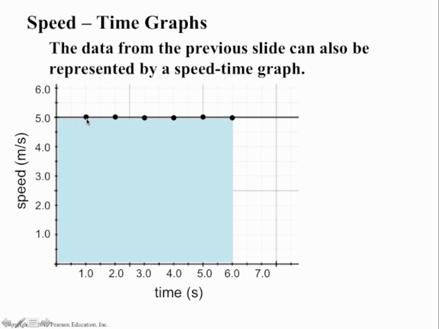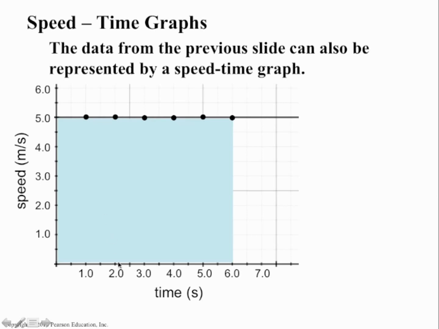And so each of these dots is on that line of 5.0 meters per second. Now let's interpret what this means. This means that at 1 second, the moving object has been traveling at 5 meters per second. And so therefore, it has covered 5 meters.